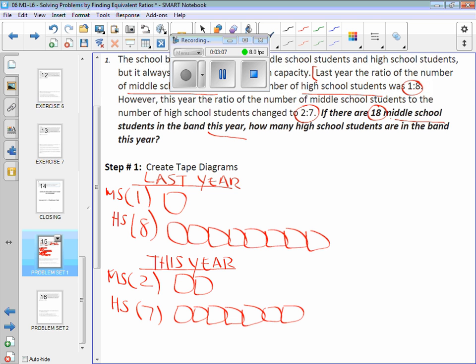I'm going to find this year, middle school. There it is, right there. And you wind up getting 18 divided by 2. That gets my magic number of 9. Once you find the magic number, it's like the keys to the city. Put 9 in every locked box.